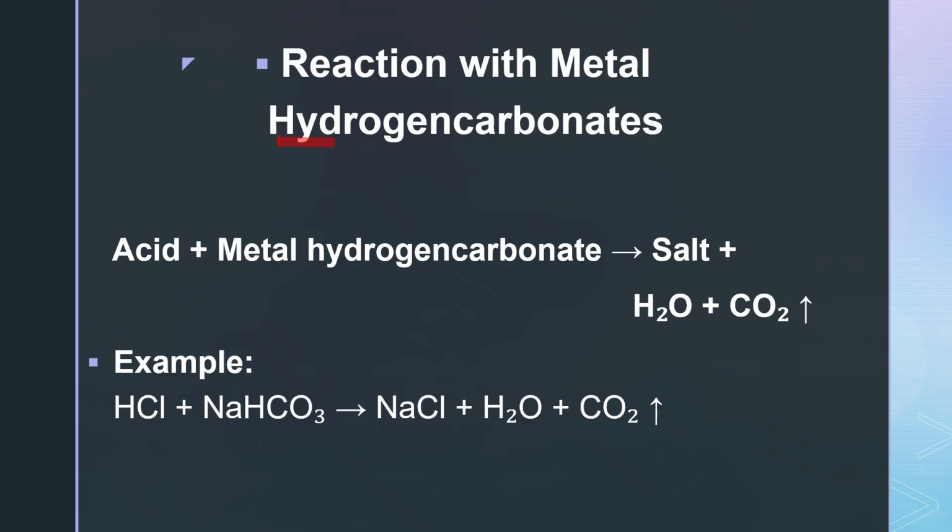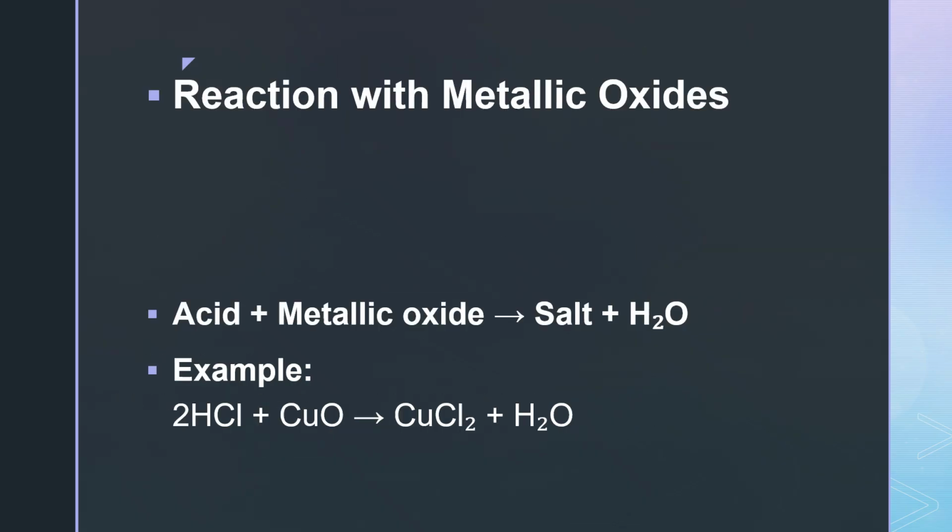Hydrogen carbonate means whenever the substance is going to have HCO3, this HCO3 is known as hydrogen carbonates. So in this case you will get the same product as we have studied earlier, but in the previous reaction we have to balance the reaction, but in hydrogen carbonate case we don't have to balance the reaction, it is automatically balanced, but the product will be same as the metal carbonates only.